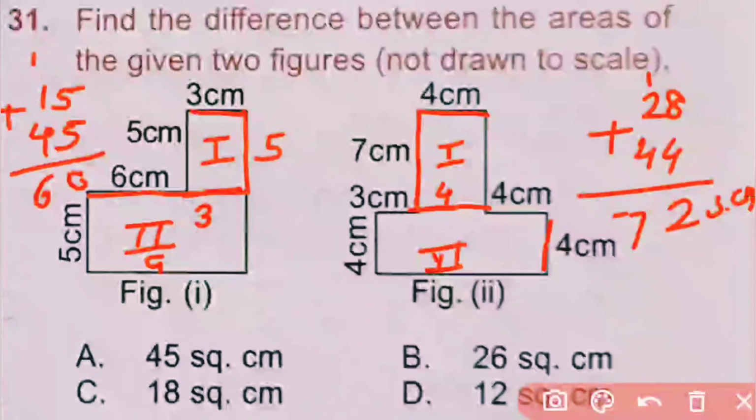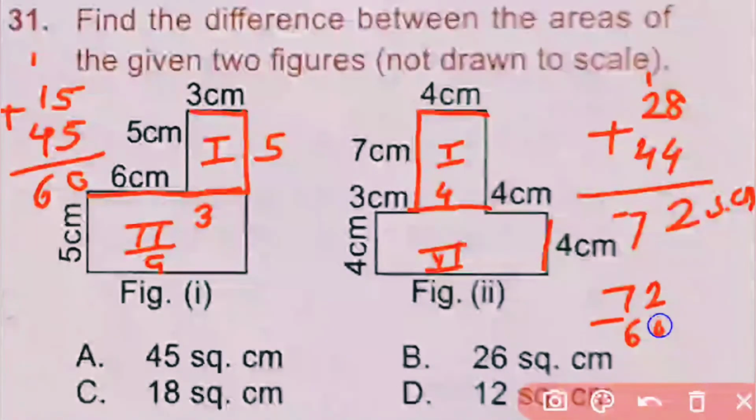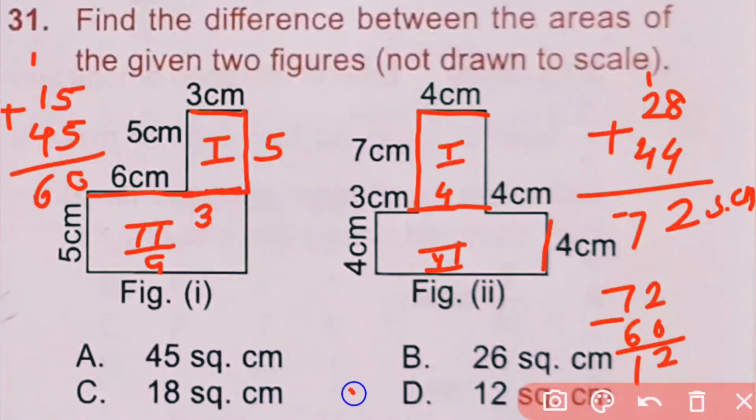And we have to find out the difference, means 72 minus 60 is 12 square centimeter, so their difference is 12 square centimeter. Here D is the correct answer.